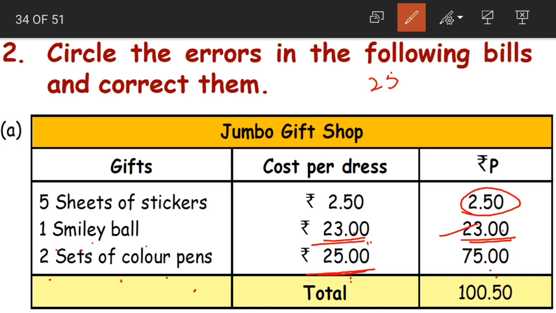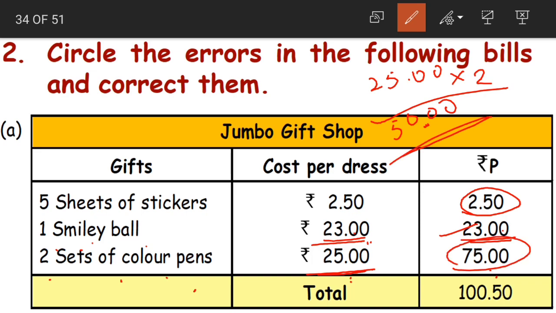It should be 25 rupees into 2. When we multiply, we'll get 50 rupees as our answer. But here what is it? Here we have given 75 rupees. So again this is also a mistake in the bill. The correct one should have been 50 rupees.